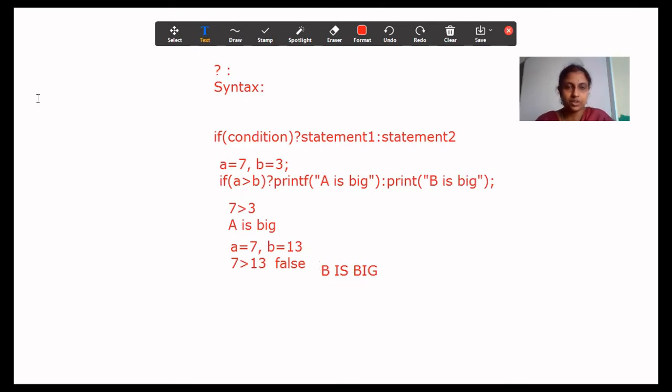Question mark and colon. If the condition is true, the statement immediately after the question mark will work. If the condition is false, the statement after the colon will work. This is how it will work. Okay, we will go back to our PPT.